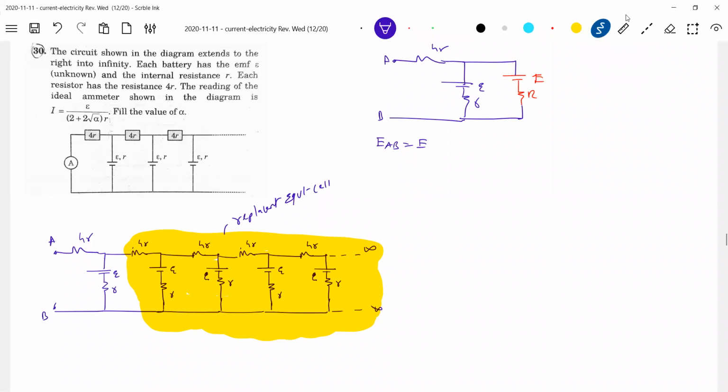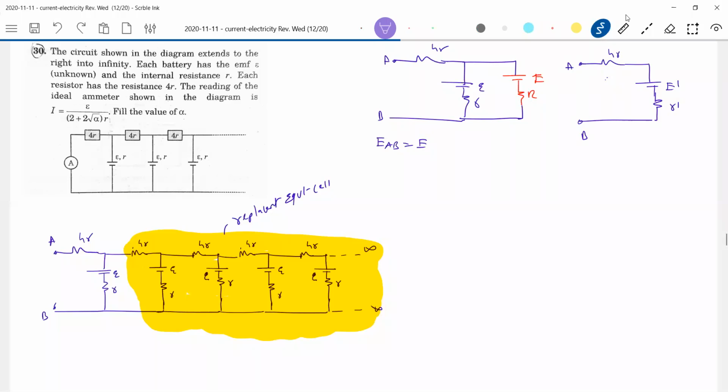So shall I say all this should be equivalent to one circuit? For the time being, I'll write EAB. Now I'm going to replace all this with an equivalent circuit. These two, further I'll call as E dash and R dash. Should EAB be equal to E, or should E dash be equal to E?